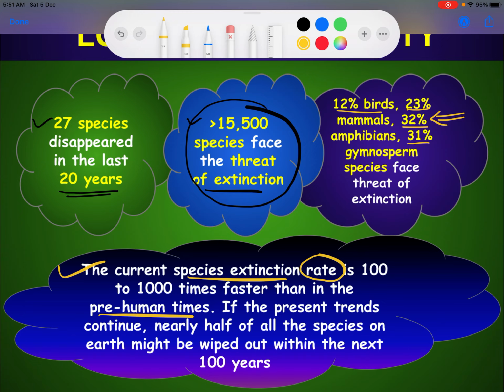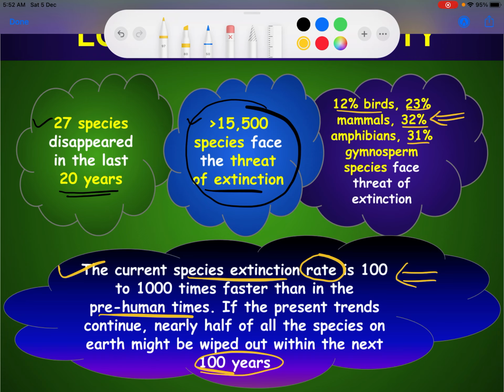But for us, we are supposed to consider the rate of species extinction, which is a minimum of 100 to a maximum of 1000 times faster than in pre-human times. So if this present trend continues, nearly half of all species on the earth might be wiped out within the next 100 years, right?